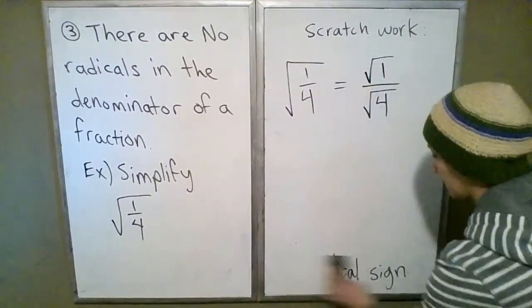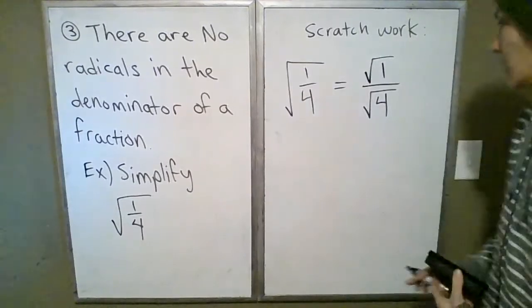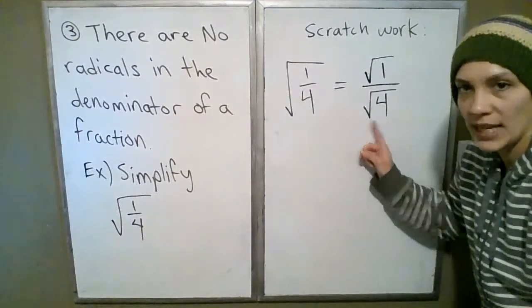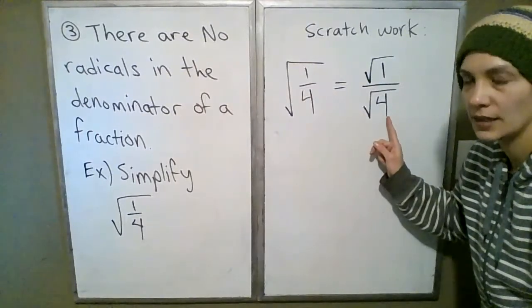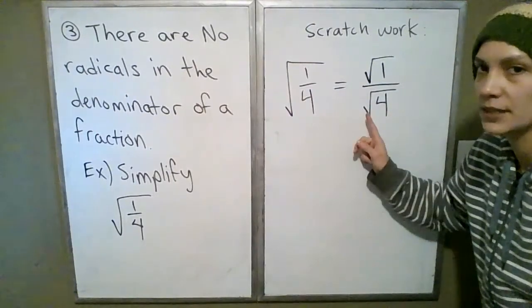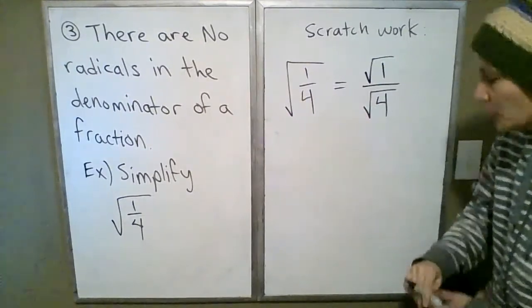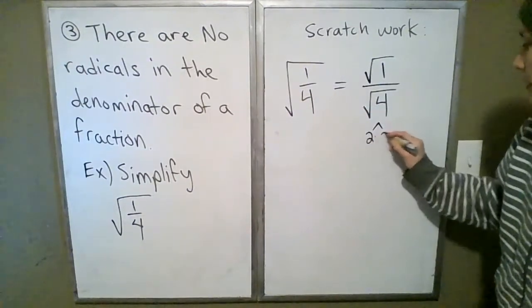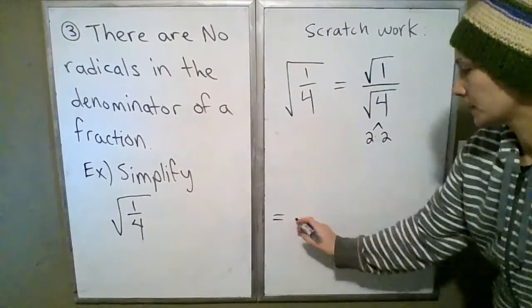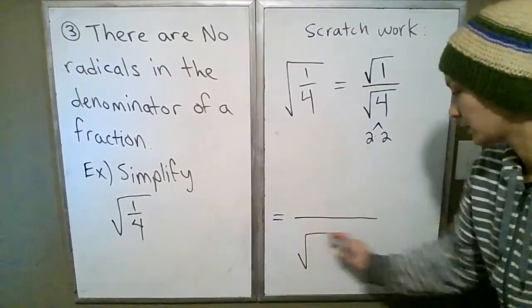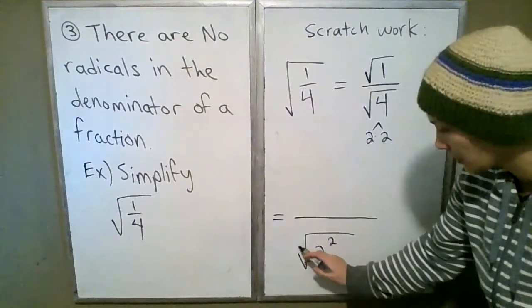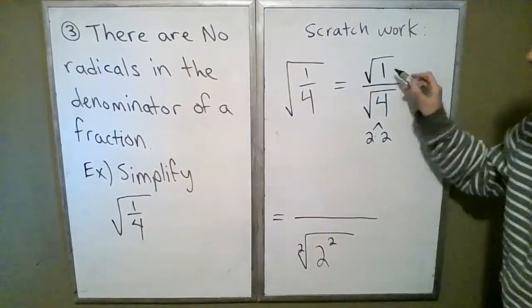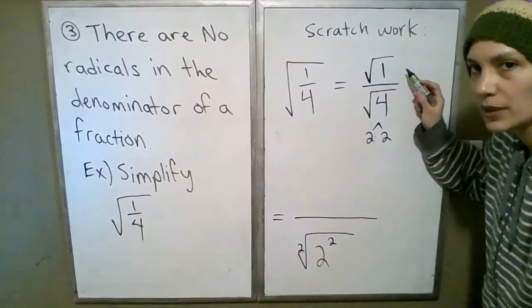So we can't have a radical in the denominator. So let's try simplifying this denominator. 4 would be 2 squared. That's a square root. And for 1, we can write 1 to any power and it's still 1.